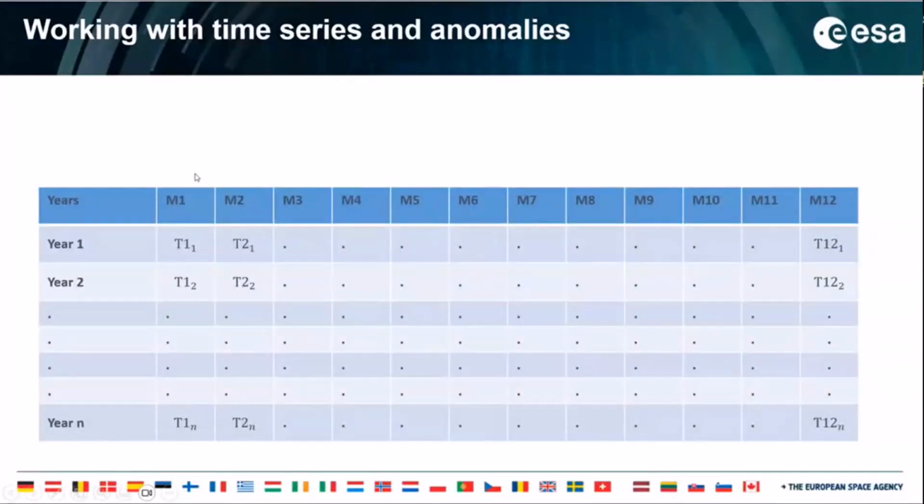But if you can take the column here, as you see, which are the months, and take the mean for each column, you get something we call monthly climatology. That means the mean value of a certain month over all the years of observation.